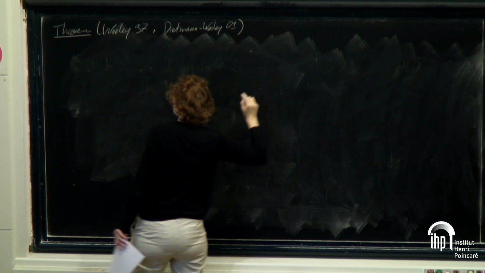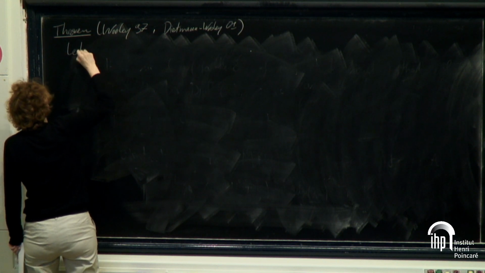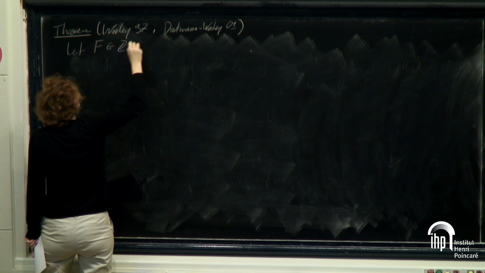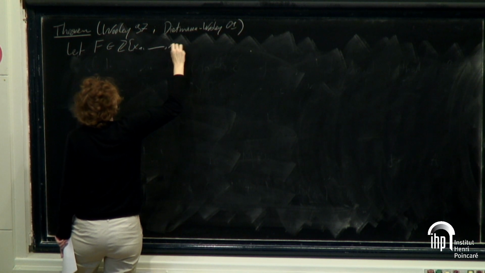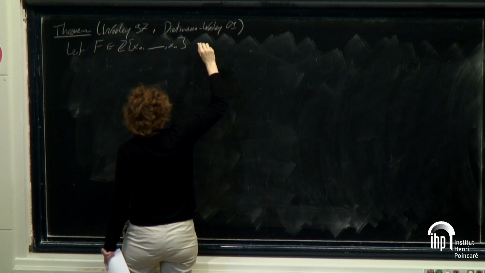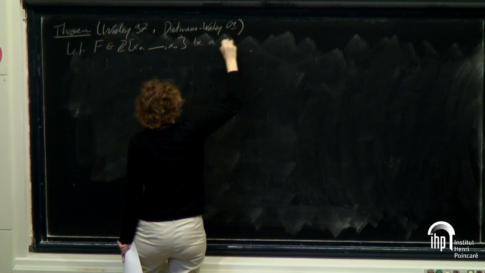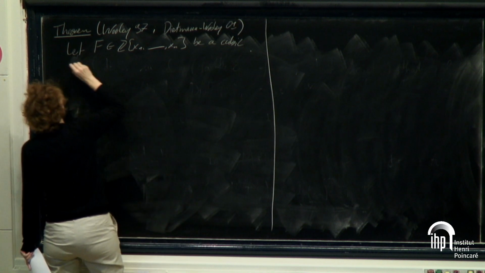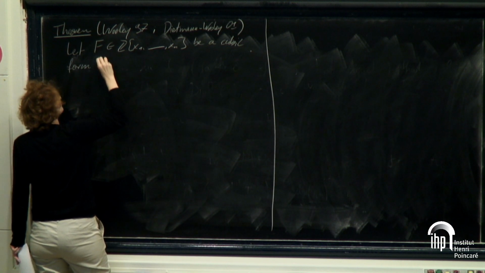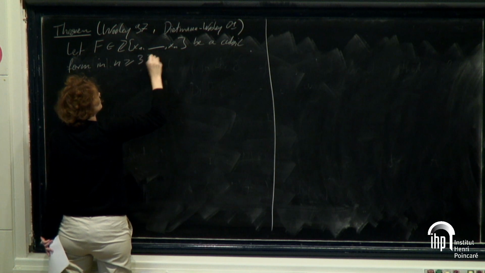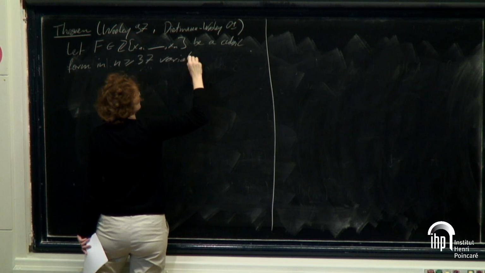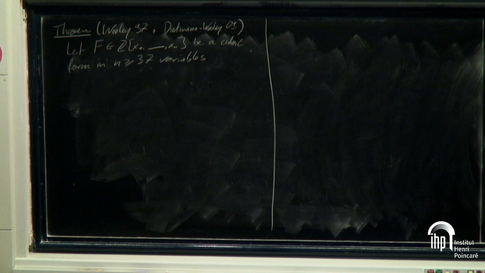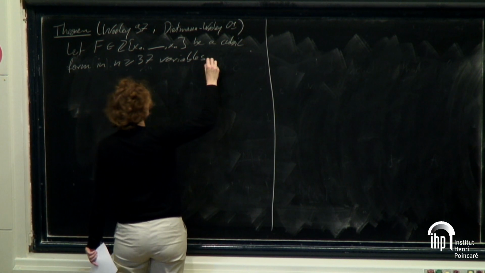What they show is: let F be a cubic form, and assume that we have at least 37 variables. Then the associated hypersurface contains a line.